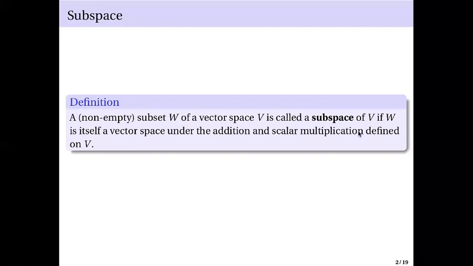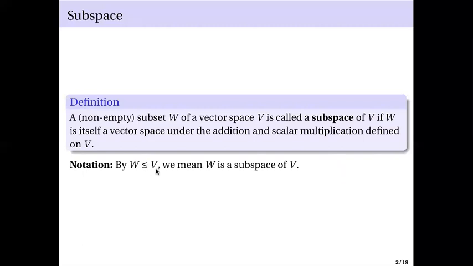Here, you have a vector space V, you get a collection of objects in V, and if the collection becomes a vector space itself, then that collection becomes a subspace of V. By notation, W, which looks like less than or equal to V, is actually read, in terms of vector spaces, as W is a subspace of V.